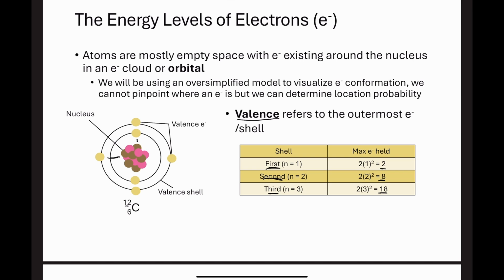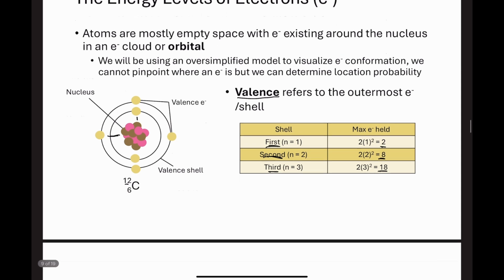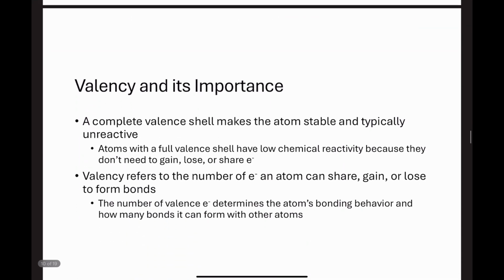And I also wanted to mention that when elements interact with each other, it is the electrons that are involved. The nucleus is never going to be involved. So we said that the valence electrons in the valence shell refers to the outermost electrons in the outermost shell. Which brings us to why the valency of an atom is so important.